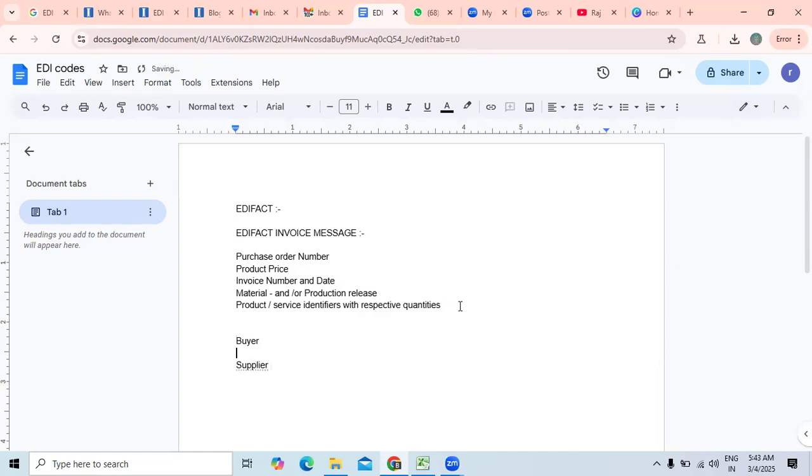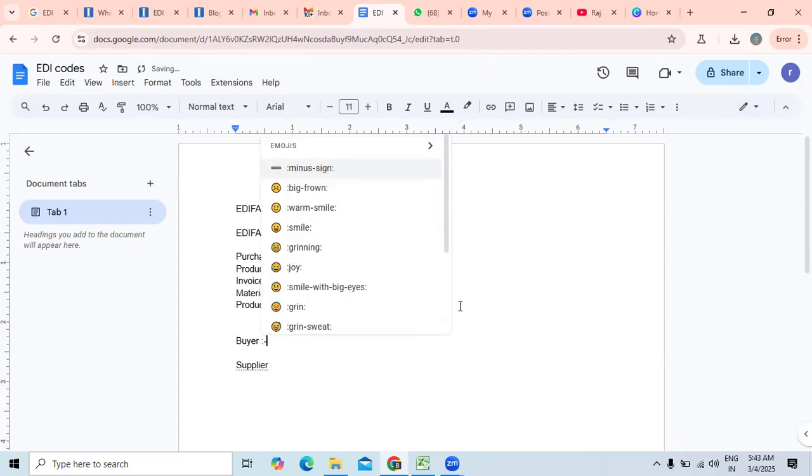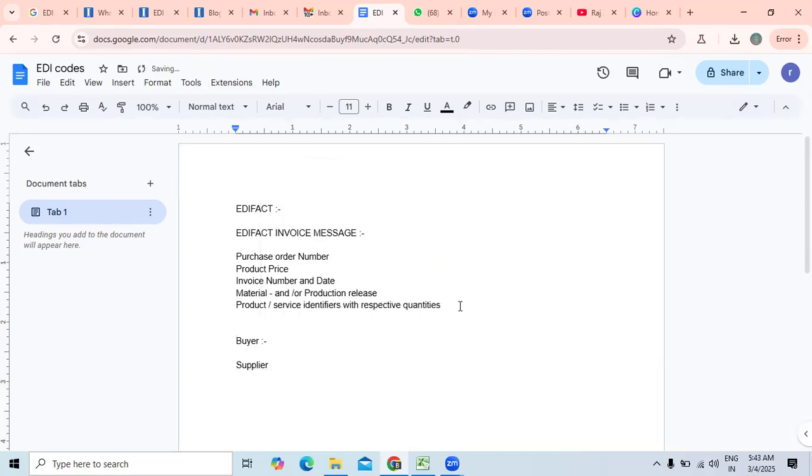So we have two different parties, right? The buyer consists of multiple elements. One is purchasing, second is receiving, and the third is accounts payable. These are the three things under the buyer part.